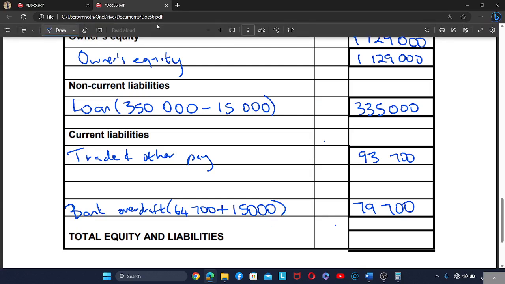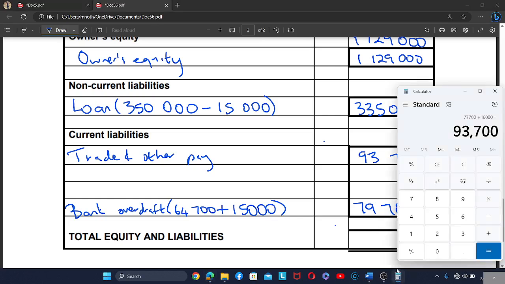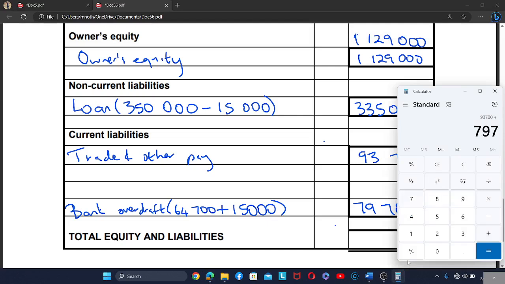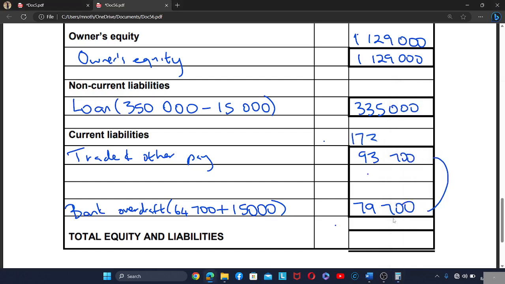So to find current liabilities, we just have to add these two together. 93,700 plus 79,700. It is going to be 173,400. Right? Now to find the total equity and liabilities, we have to add the owner's equity plus the non-current liabilities plus the current liabilities, right?